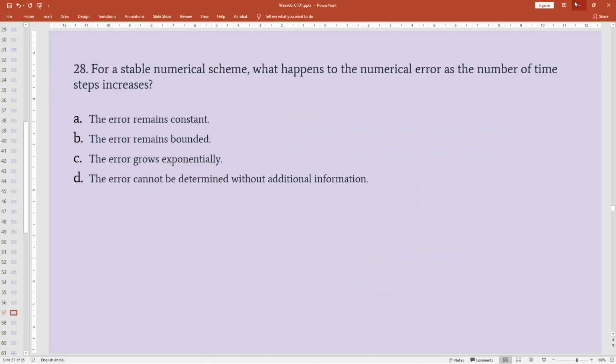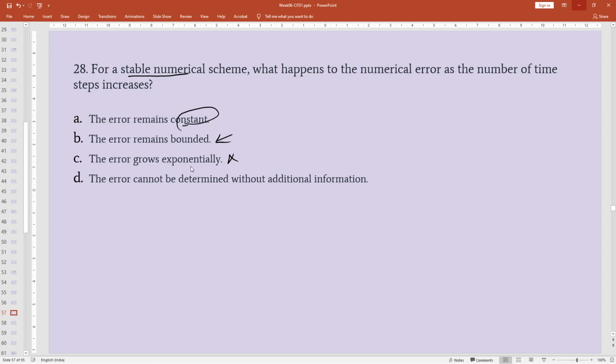Yes, you are right. Option B, that is, the error remains bounded. Here it is given that it is already a stable scheme. For a stable scheme, I already told that for stability it is not necessary that the error remains constant. It can reduce also. Option C is not true for a stable scheme.